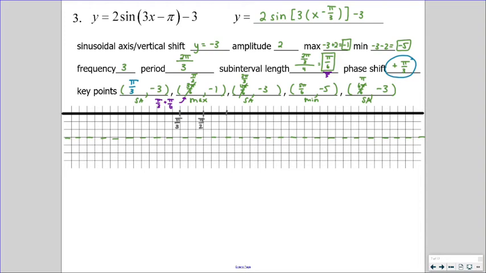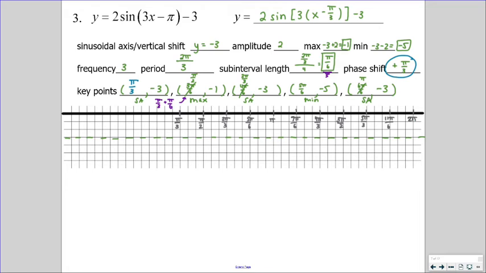This is 4 pi over 6, 5 pi over 6, 6 pi over 6, 7 pi over 6, 8 pi over 6, 9 pi over 6, 10 pi over 6, 11 pi over 6, 12 pi over 6.